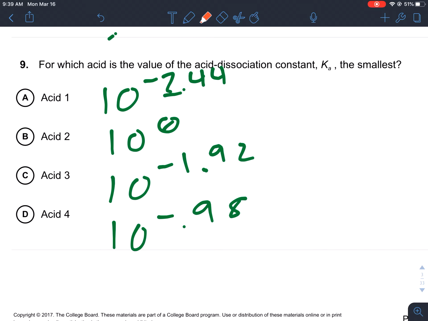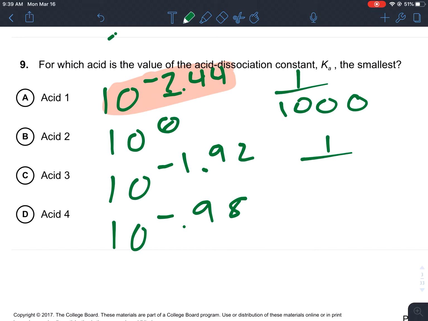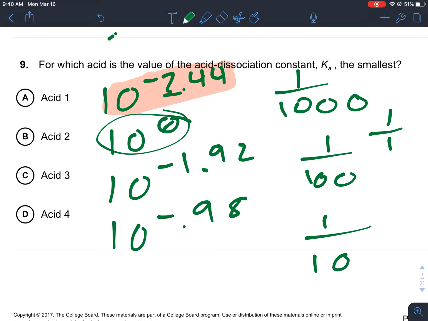I don't know what this number is, but I know that this negative means it's like some fraction. It's like 1 over 1,000, this is like 1 over 100, and then this is like 1 over 10. But I know that this is like 1 over 1, right?